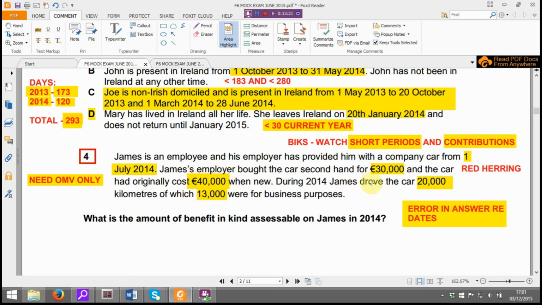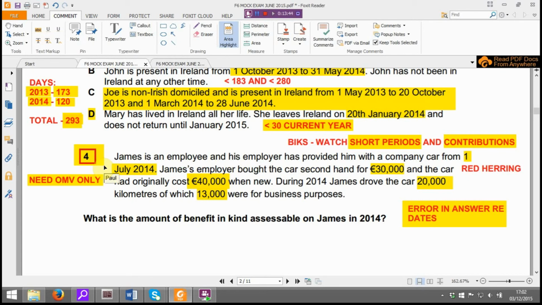They also tell us, as they probably will do, that the individual drove the car for a number of business miles. In this case, note that it's 13,000 business miles, and that's key obviously to establishing the percentage. You'll note within this PDF that where I've highlighted the number in red, then we're going to go to the answer itself.